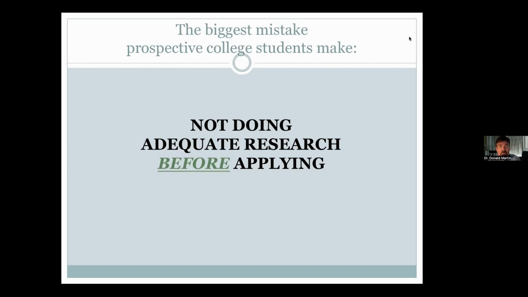But I am suggesting that if that's the only way you are doing any research on the programs you're thinking about for your undergraduate education, I believe you're making a big mistake. And really, there's no excuse to make this mistake anymore. There's such a wealth of free information out there about every college and university, certainly in the United States, if not around the world.